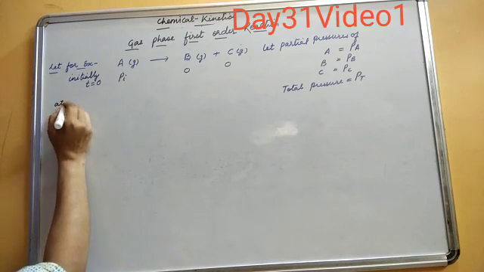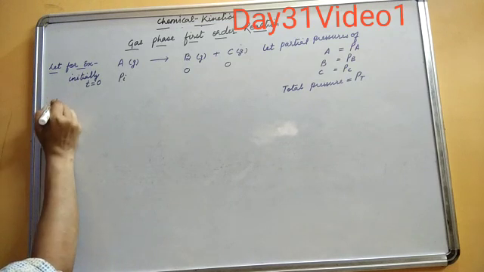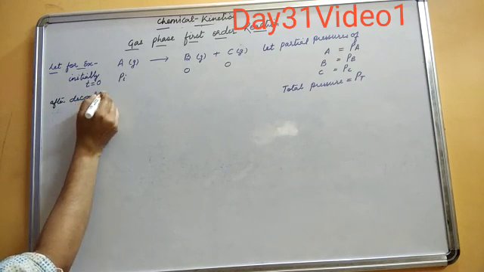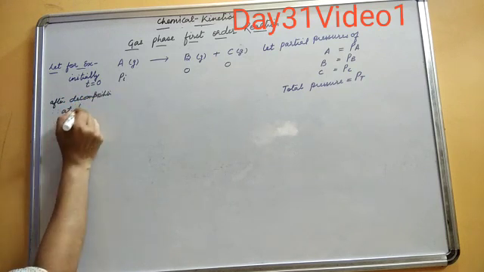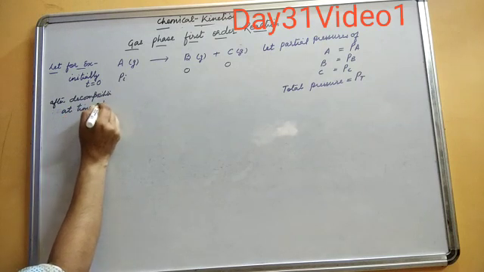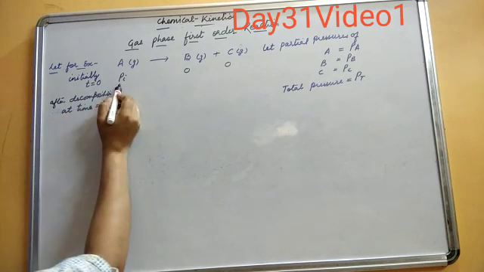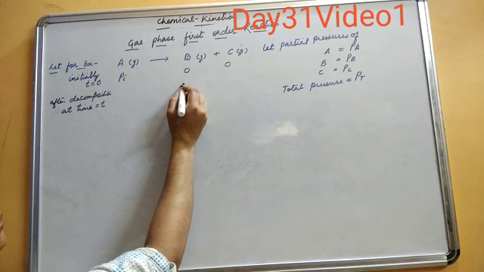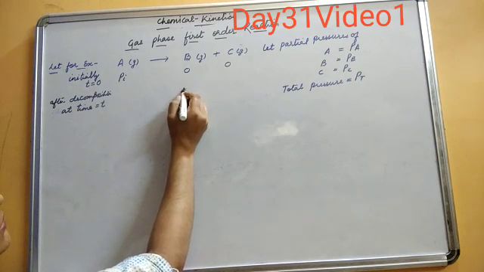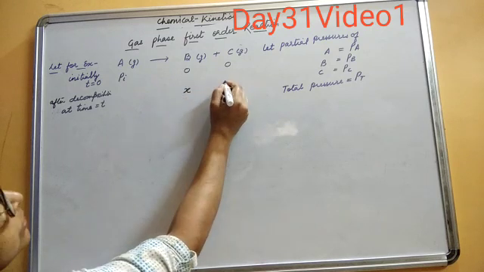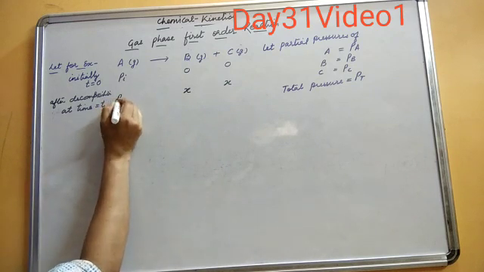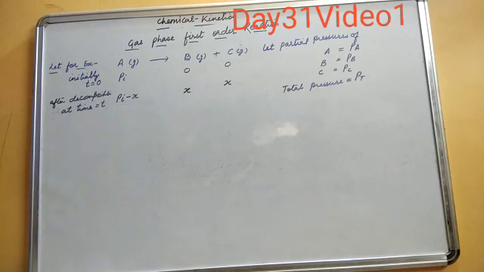After decomposition at time t, some part of A has decomposed. So let the degree of decomposition be X. So B and C are formed as X, and from Pi that X amount is removed.